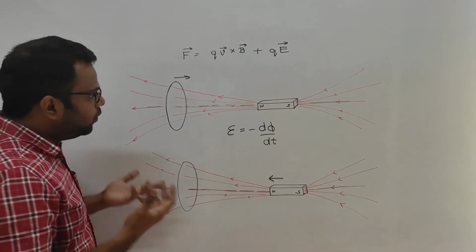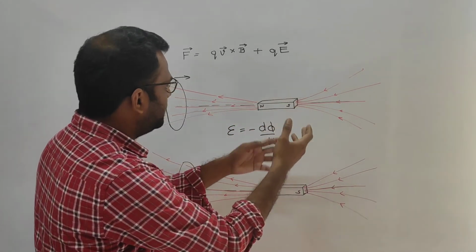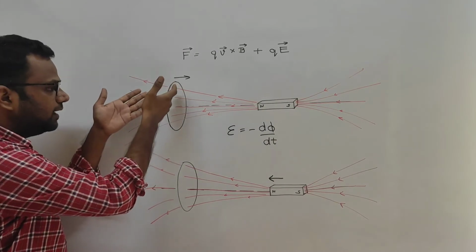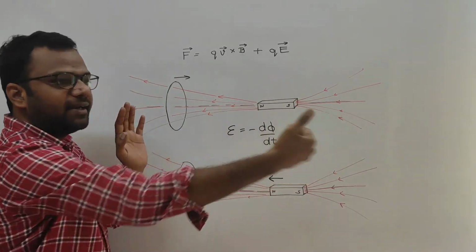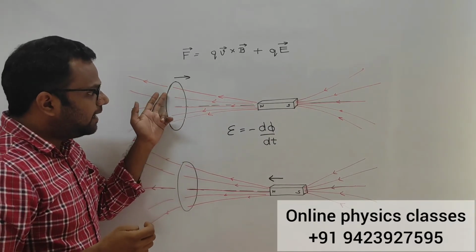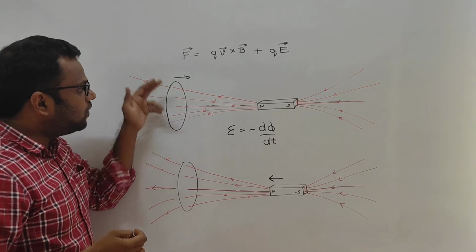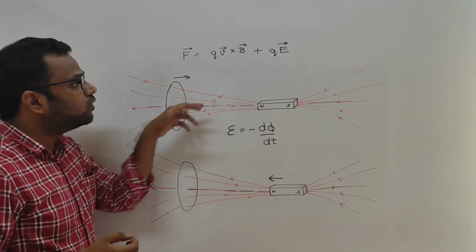Correct? But over here, if you see that the observer is not on the magnet but the observer is on the coil, he will see that the coil is not moving but the magnet is approaching towards him. So for him, the current is not due to this formula, but the current is due to the generation of the electric field.